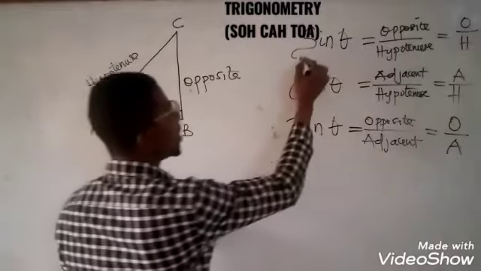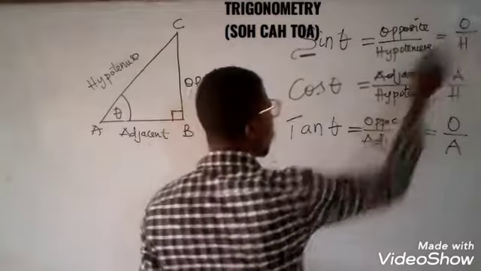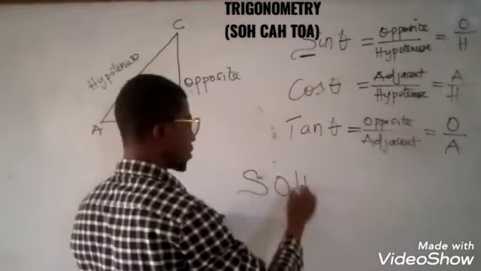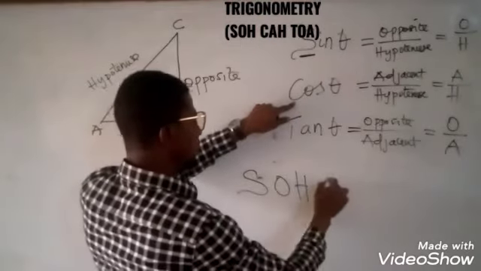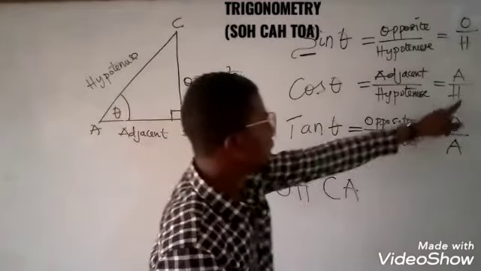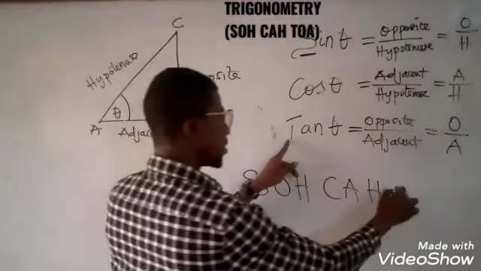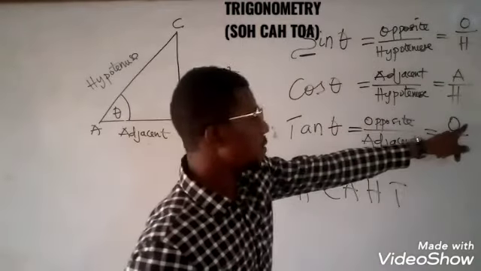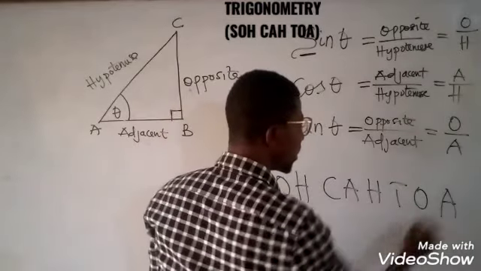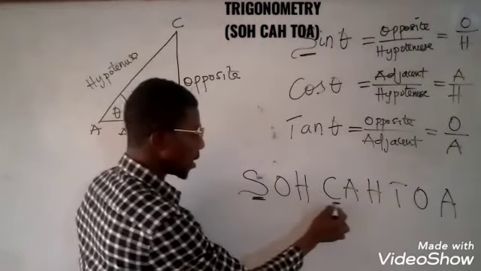So we take the initial here S, the initial here O, and the initial here H. We take the initial here C, the initial here as A, and the initial here as H. We take the initial for the tan, T, then the O, and lastly the A. So the trig ratios, we have them here.